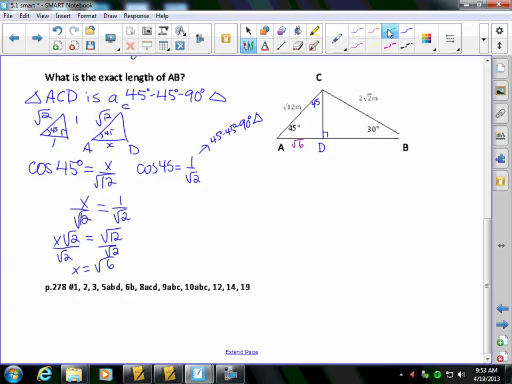So in my second triangle, or the second half of this triangle, I have a 90, a 30, so that means this has to be 60 degrees. So from chapter 2, the side opposite the 30 is 1, the side opposite the 60 is square root 3, and the hypotenuse is 2.